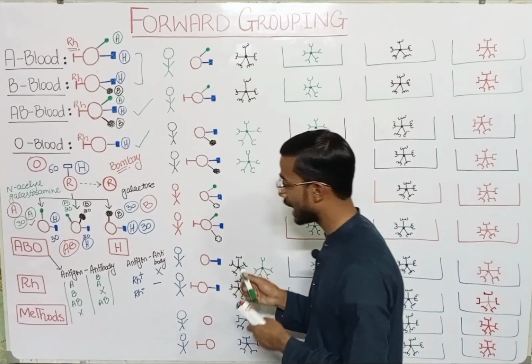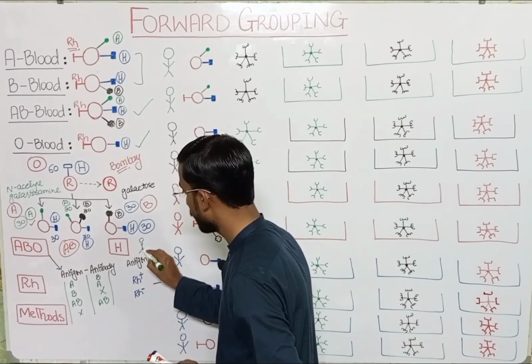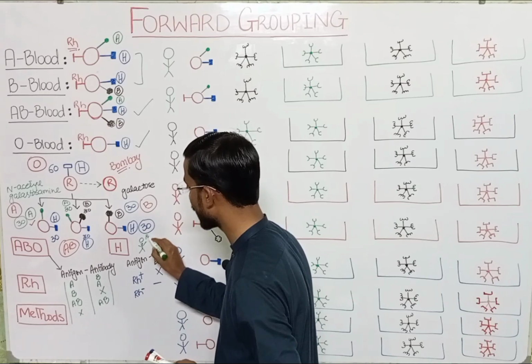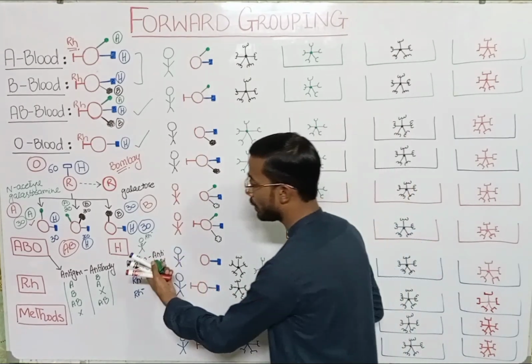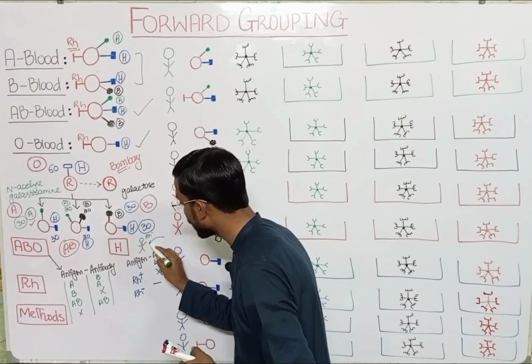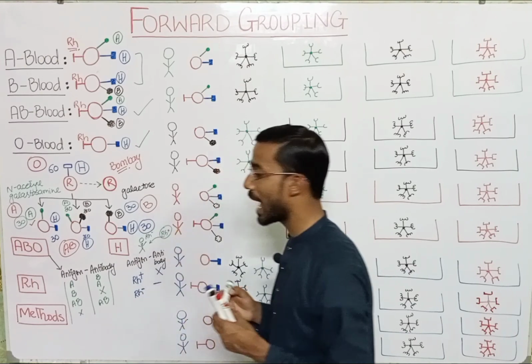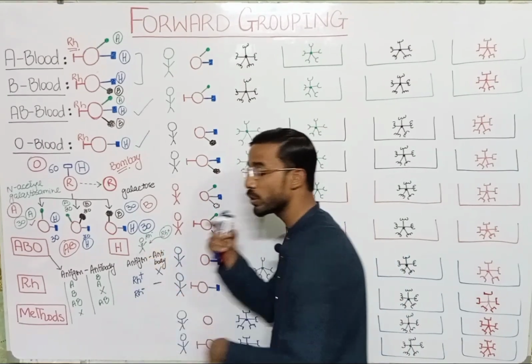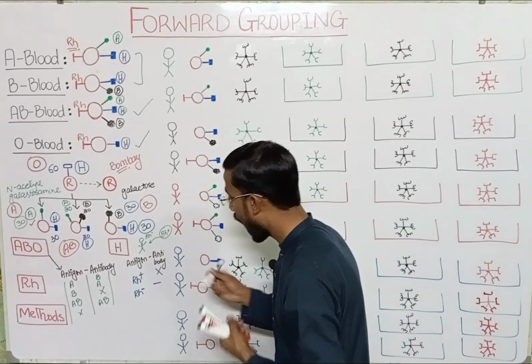If a person has RH negative blood, there is no antigen present in this person. And if this person gets blood having RH positive, then what will happen? This person produces a lot of antibodies. What type of antibodies?